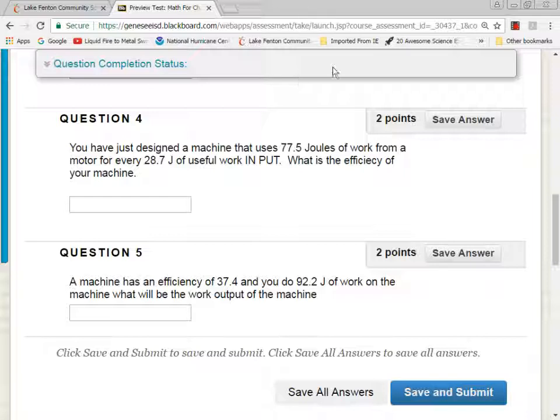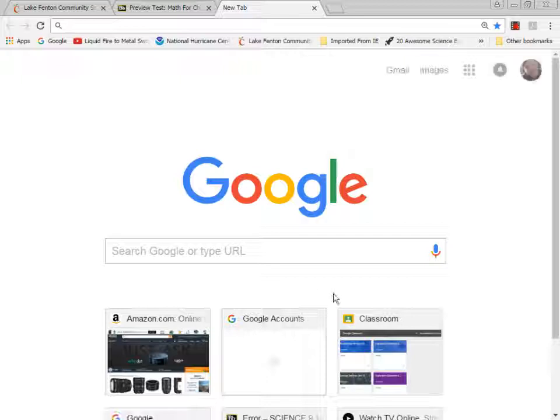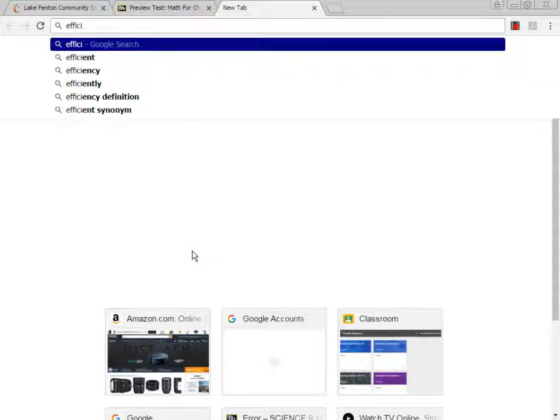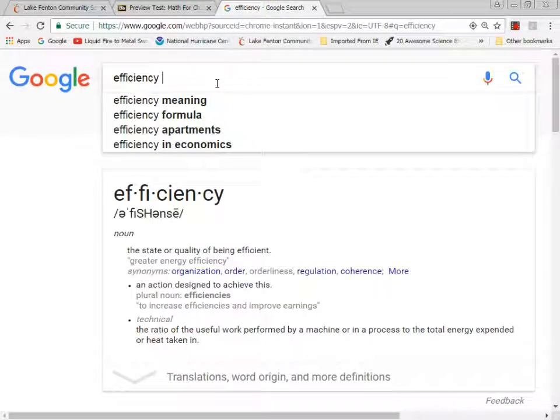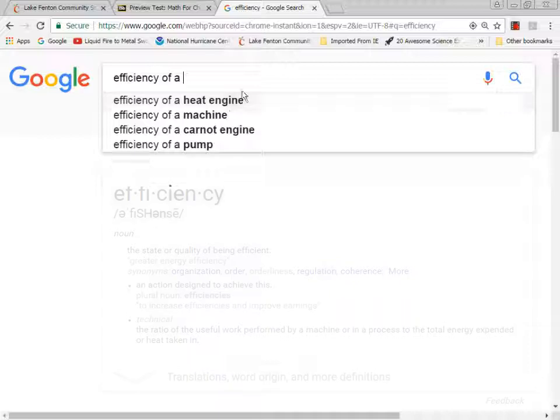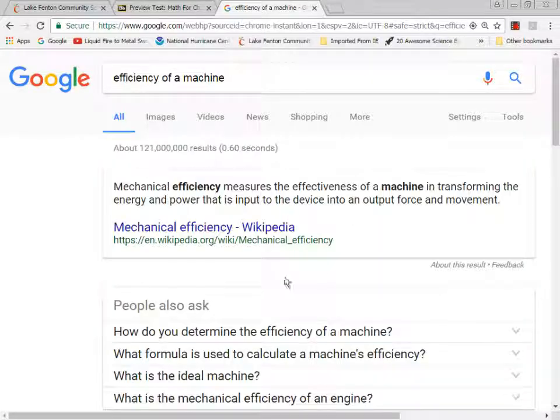Does anybody know that? Look it up real quick. It should be on page something. And you can look it up anywhere. Efficiency of a machine, and it should give you the images.